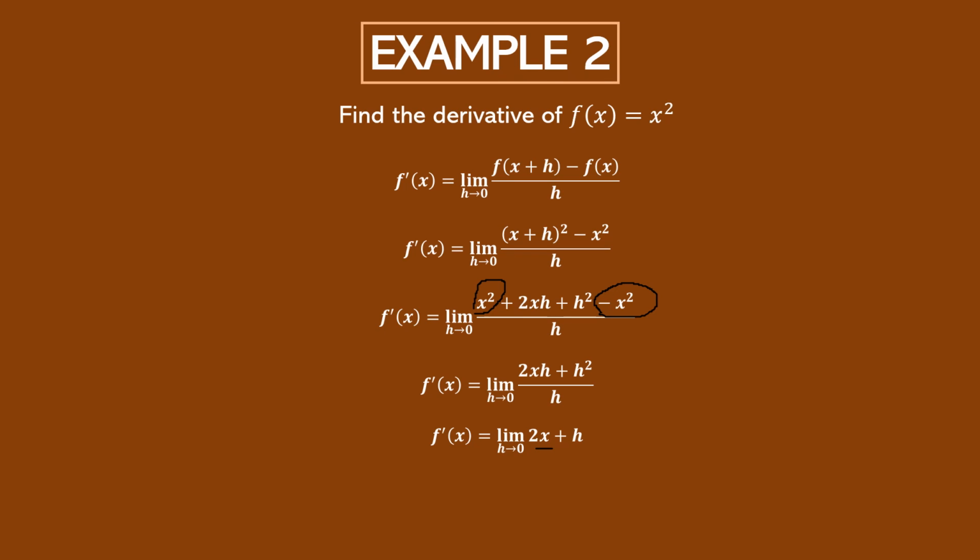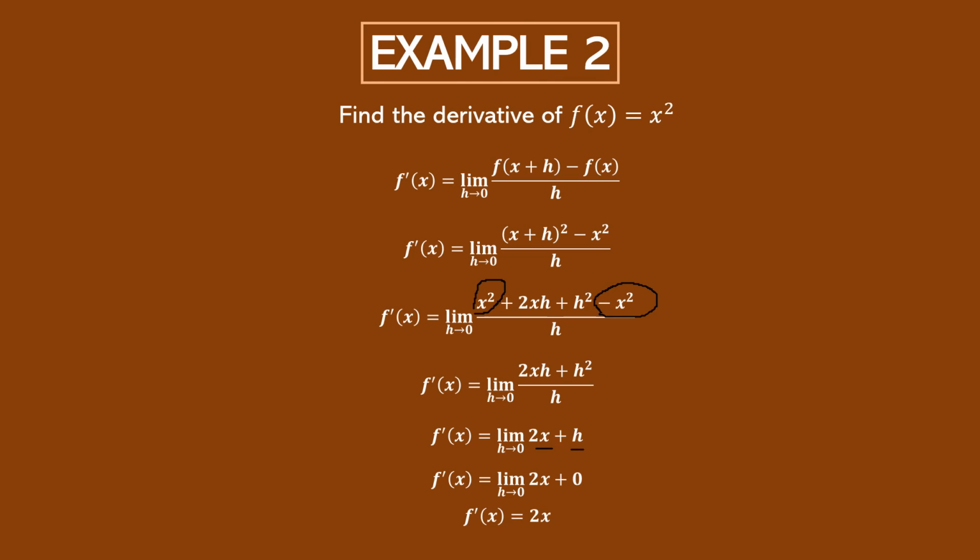Positive h squared divided by h would be positive h. And then we evaluate the limit. So based on the theorems on limits, we have to substitute h by 0. Then we have 2x plus 0, or 2x. So the derivative of f of x is equal to x squared is f prime of x is equal to 2x.